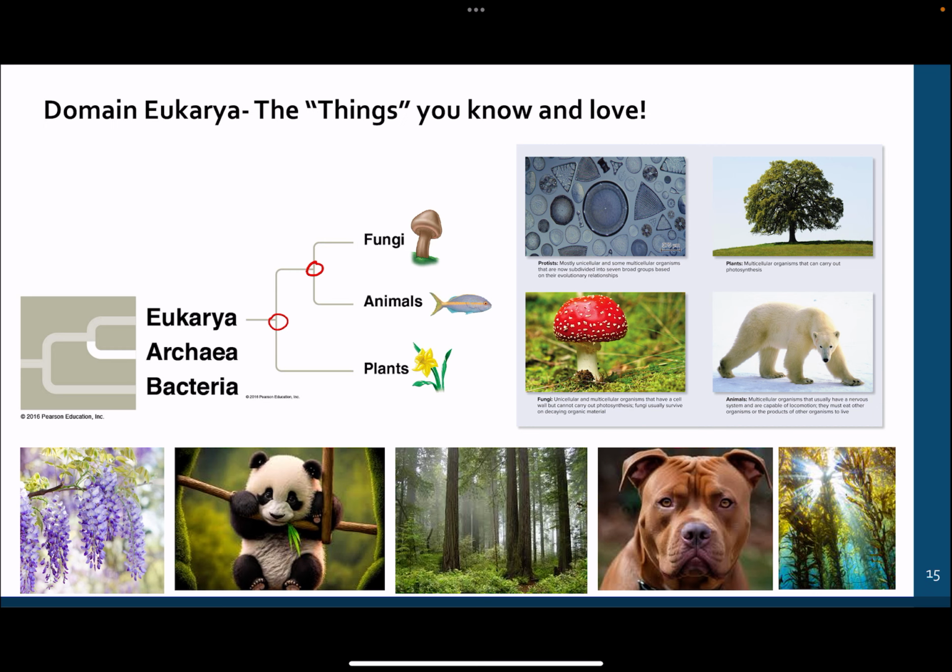So our eukaryotes are defined by how they take in energy. So we will start with plants. Plants are multicellular organisms that carry out photosynthesis. What this means is they get their energy from sunlight.